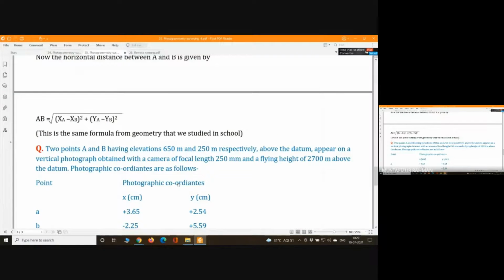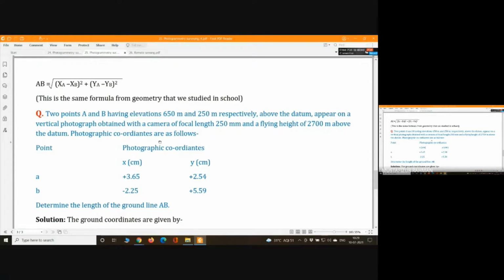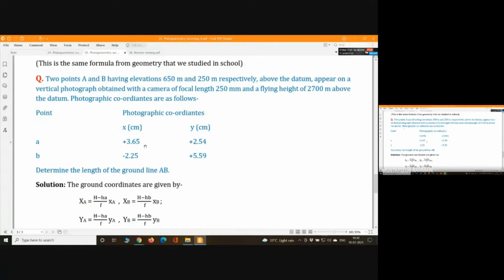So if we go back here, what we are given here, there are 2 points, point A and point B. They are at different elevations. RL of point A is 650 meter and RL of point B is 250 meter. They appear on a vertical photograph with a focal length of 250 mm. And flying height is 2700 meter above the datum. That is the capital H. Now these are the photographic coordinates. So finally we need to find out the distance or length of the ground line AB.